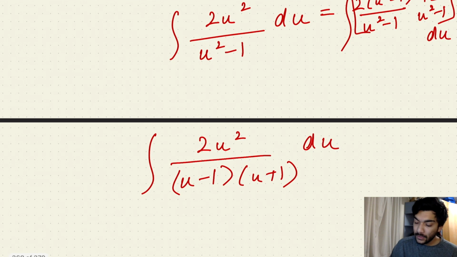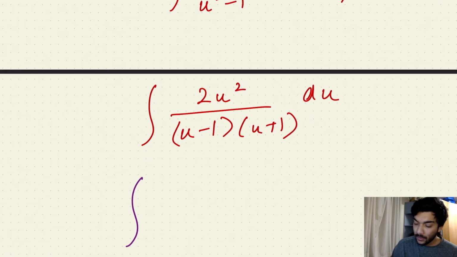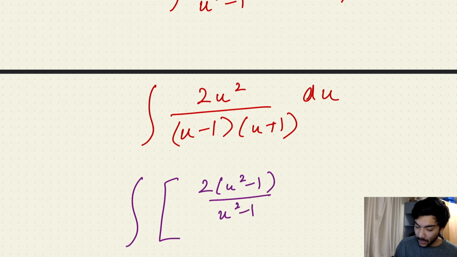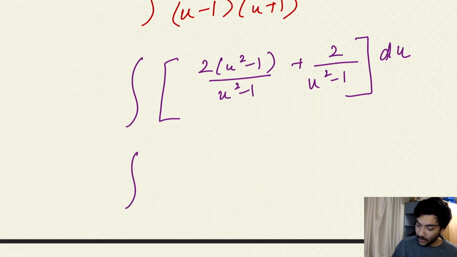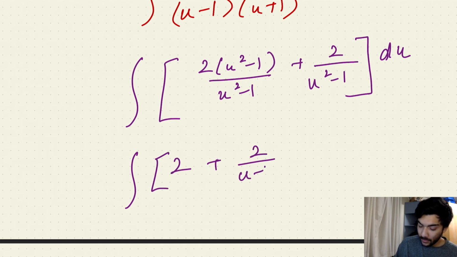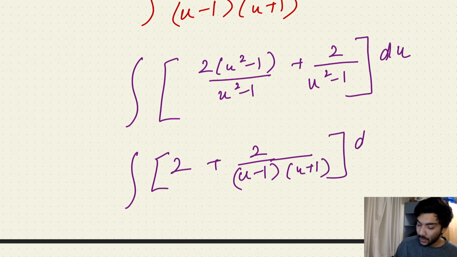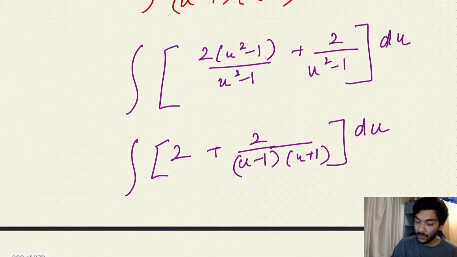And if you solve for this expression, you can clearly get it as simply 2 times u square minus 1 upon u square minus 1 plus 2 upon u square minus 1 and then du over here, right? And then this would be simply 2 plus 2 upon u minus 1 times u plus 1 and then du over here, right?